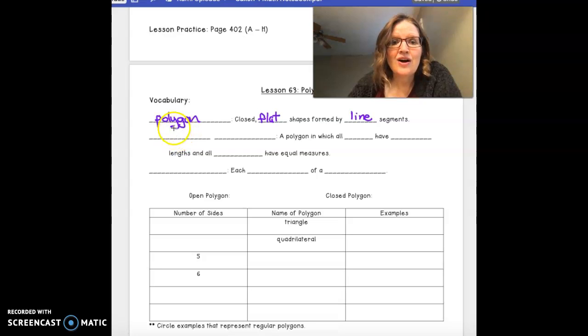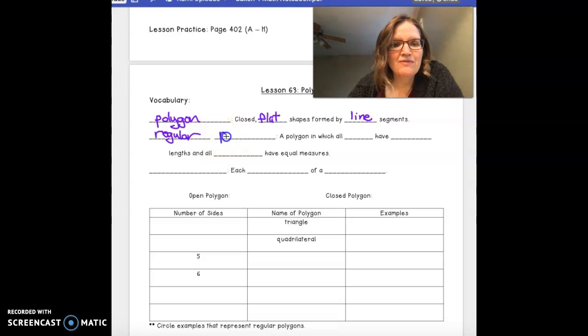Now, there are regular polygons, and these are shapes in which all of the sides have equal lengths and all angles have equal measures.